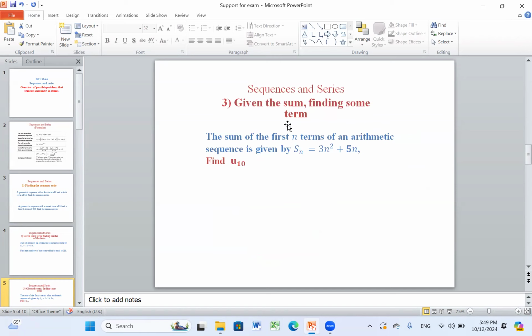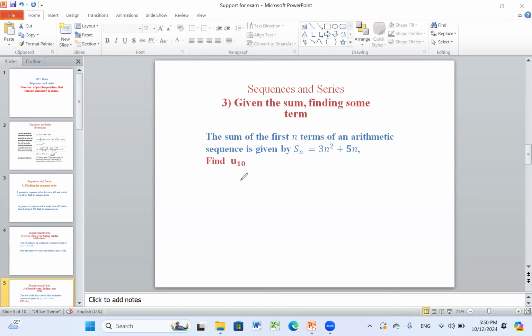Usually in arithmetic sequence, we need to find some term. For example, we are asked to find the 10th term, 15th term, and so on. To solve this type of question, it's important to realize that if you are given a sum here, obviously we can also find the terms U1, U2, U3, and so on.